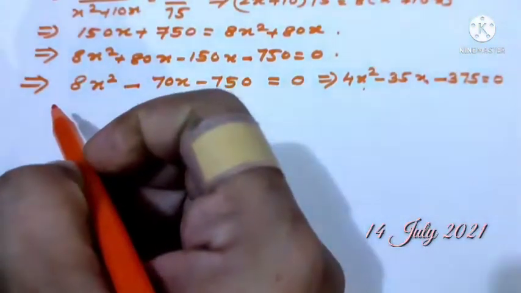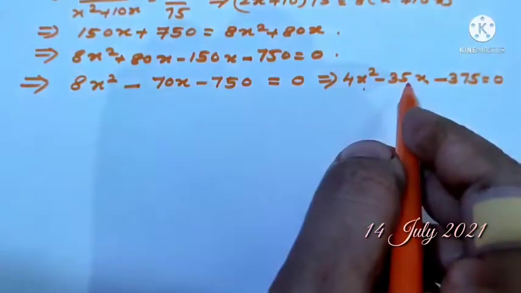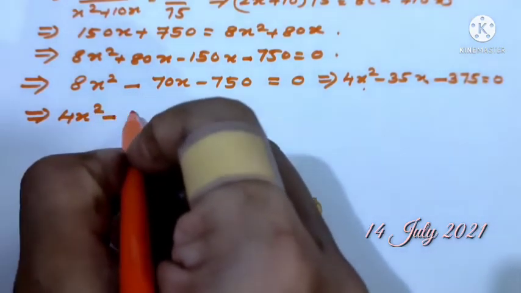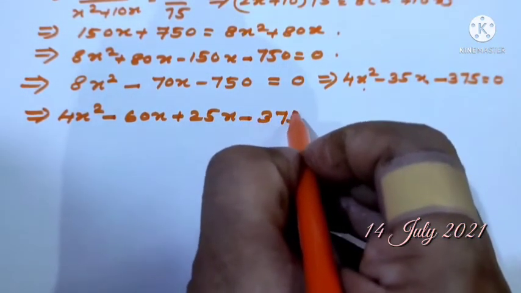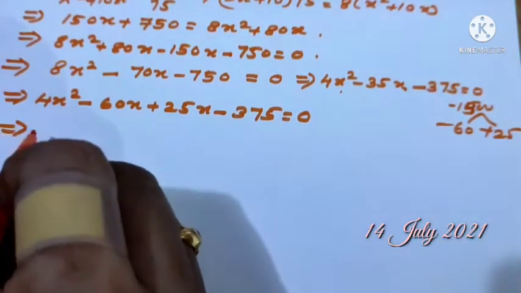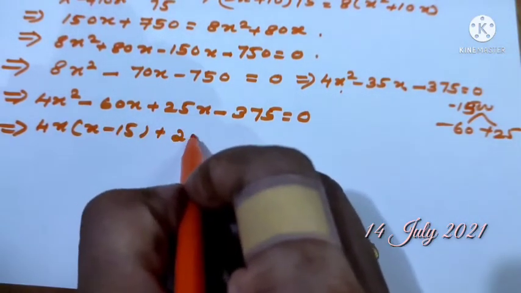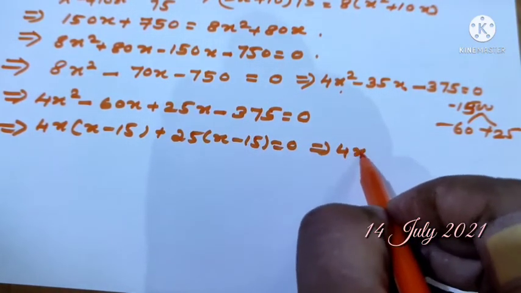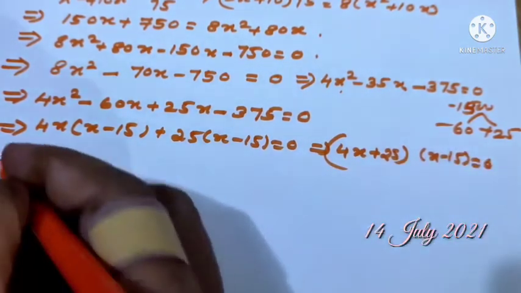I am going for factorization because the number is 375 into 4 only. So your factors are 60 and 25. Equal to 0. So 4x into x minus 15 plus 25 into x minus 15 equal to 0. So 4x plus 25 into x minus 15 equal to 0.